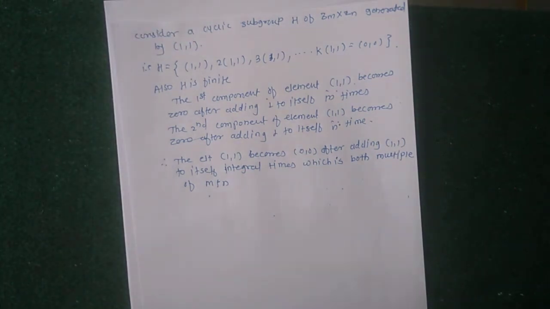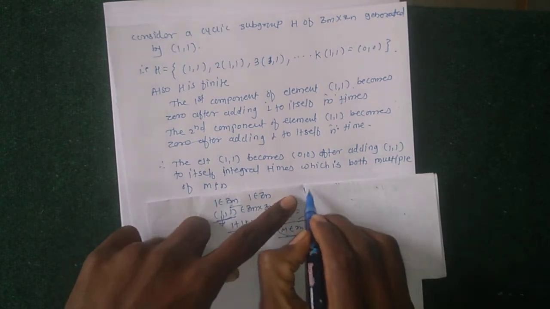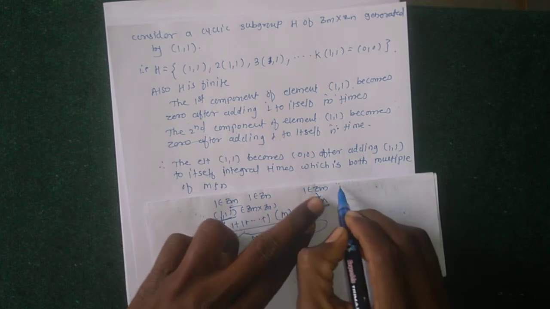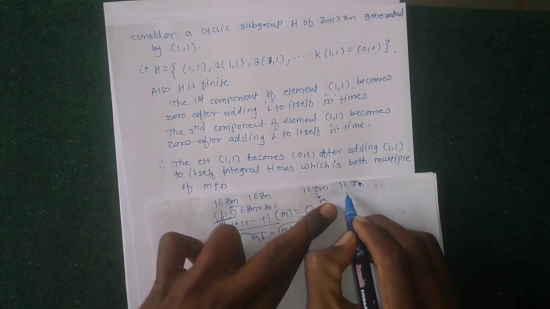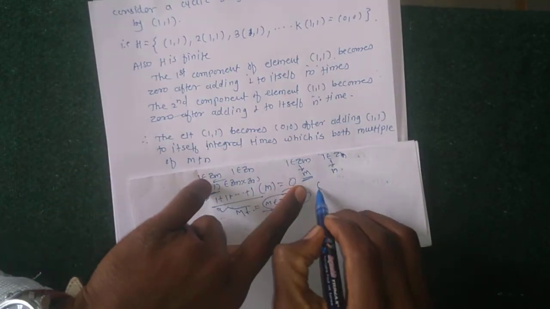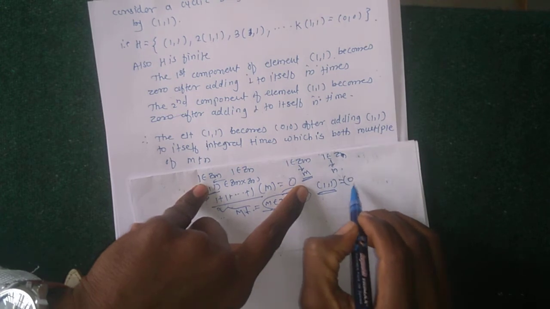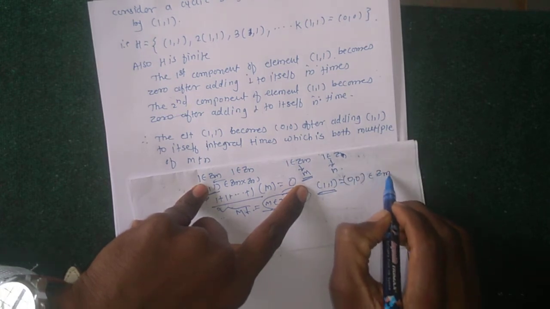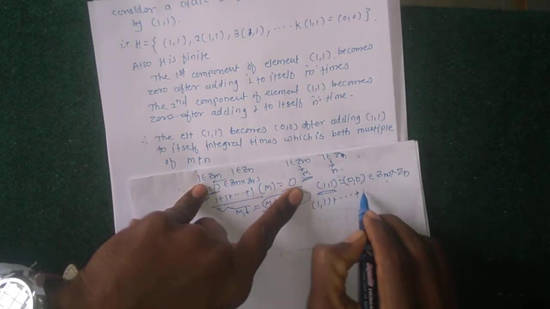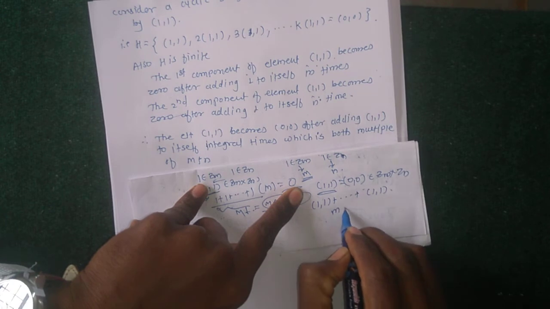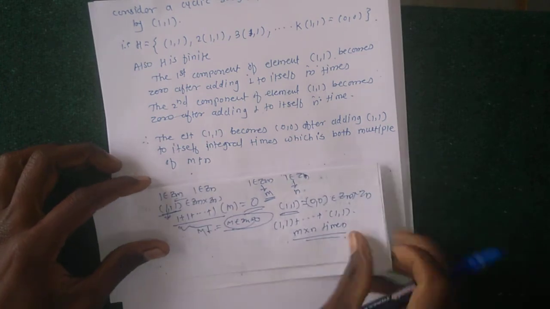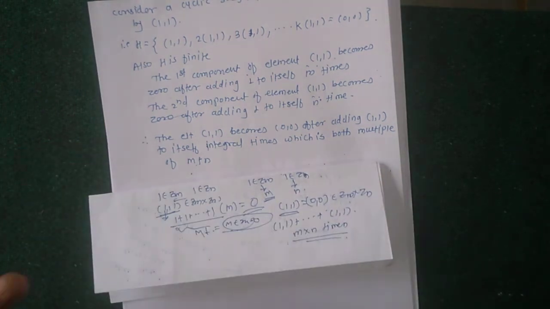This statement says that the first element belongs to Zm and becomes 0 when adding m times, and the second belongs to Zn and becomes 0 when adding itself n times. But the ordered pair (1, 1) becomes 0 in Zm cross Zn only when we add it up to m into n times, that is, a multiple of m and n.